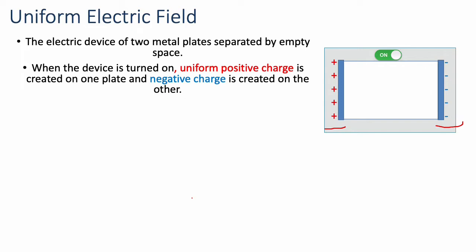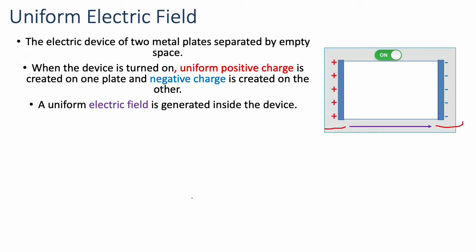So هيدي مكنة بشكها بالكهرباء أنا وبكبس on عليها. شو بيصير؟ When the positive charge accumulates on one side and the negative charge on the other side, it means that this device is generating an electric field in this empty space between the plates. So now I know that there is an electric field here, and this electric field is a uniform electric field.